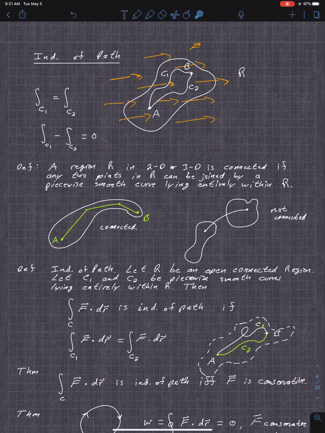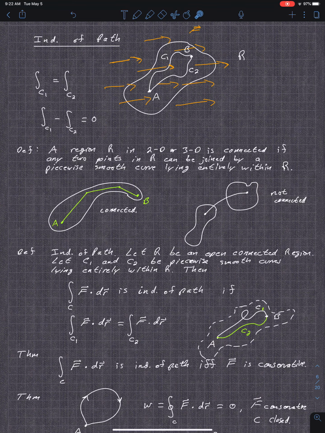That's the idea. So if C1 and C2 are arbitrary, meaning any two different paths, and the integrals are equal, then it's independent of path. So if you subtract them, you get 0. So in other words, if you go this way and then you come back and you get 0, for any path you take, then it's conservative. And we call it independent of path.